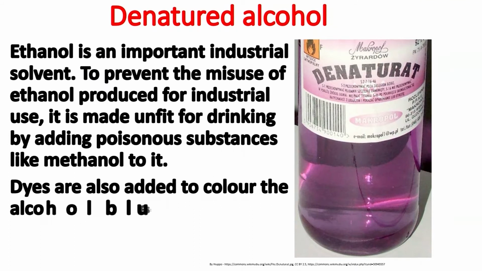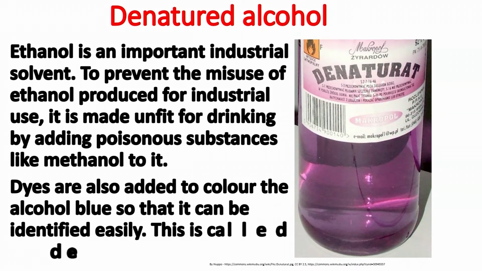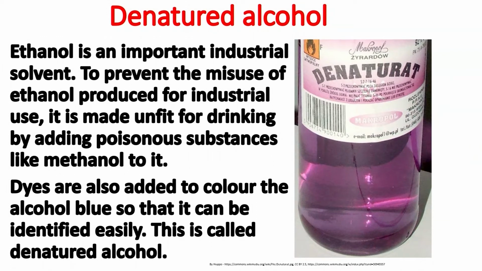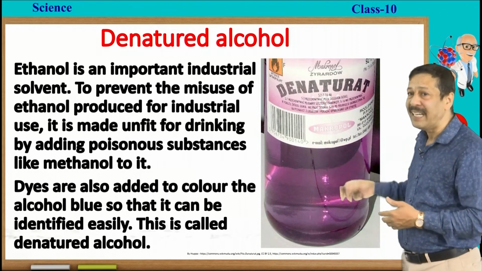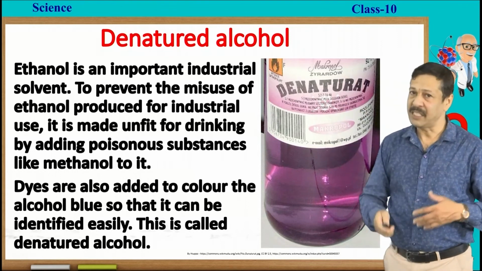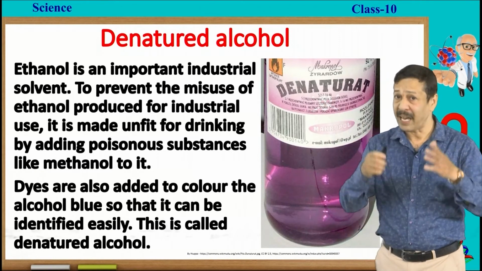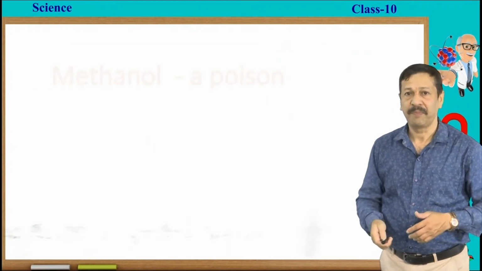Then dyes were added so that they can see the color. Copper sulfate, a poisonous substance, is also added. This alcohol is said to be denatured, which is made unfit for consumption by adding some chemicals.